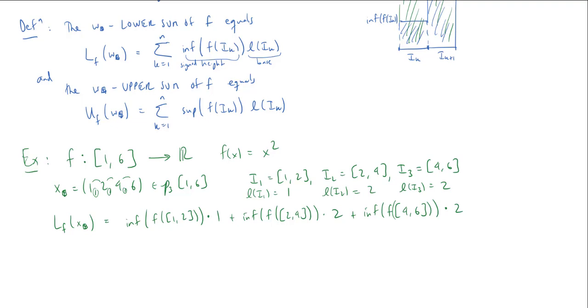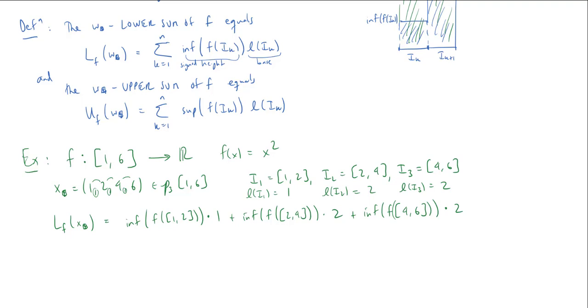Now, we know that x squared is an increasing function on the positive reals. So the infimum is always going to occur at the left endpoint. This is just a special case. And it's important when you compute these infima and these suprema that you don't always assume that they're going to occur at the boundary.